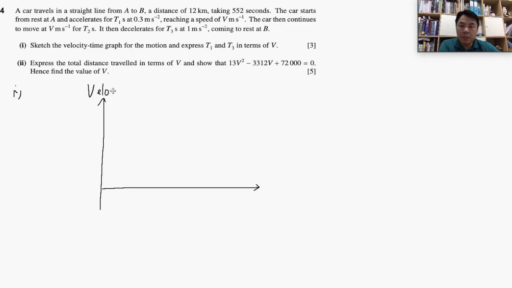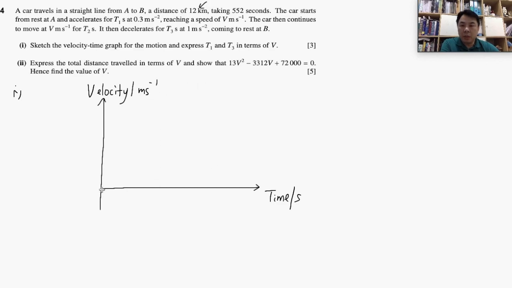Velocity, meter per second. Even though there is a unit kilometer here, I think they're using meter per second, so I'll stick to meter per second here. And then time, which is in seconds. Either you use a slash or use a bracket, that's fine.